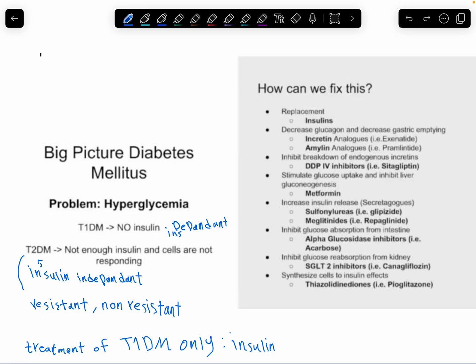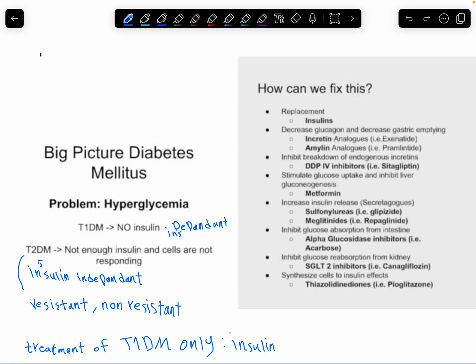First it will go to the intestine and there it will be absorbed. So by two mechanisms, it will help us to reduce the blood glucose level. First by suppressing or decreasing glucagon, and the second by delaying gastric emptying.